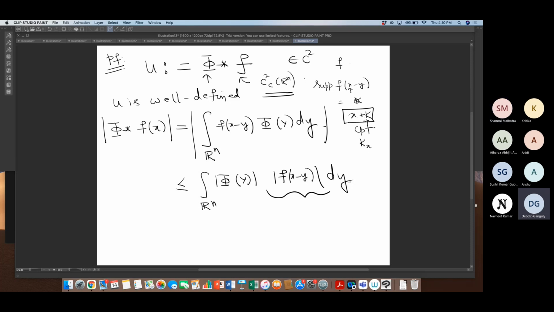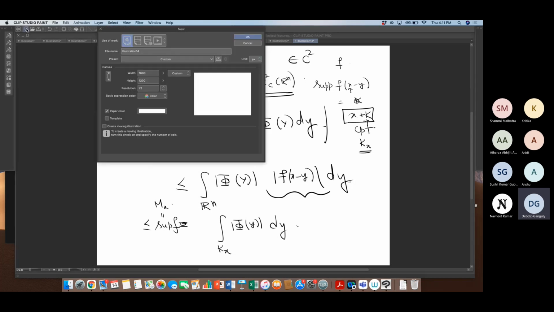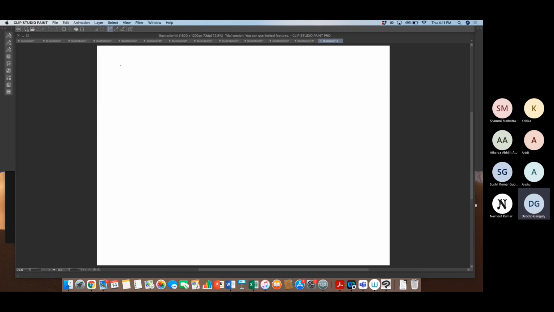So I define it as k subscript x. So this is nothing but the integral over k_x of phi of y, times the supremum of f, which is some m, which depends on x of course, dy. So what I got is that modulus of f convolution phi of x is less than some m which depends on x, times an integral over a compact set.